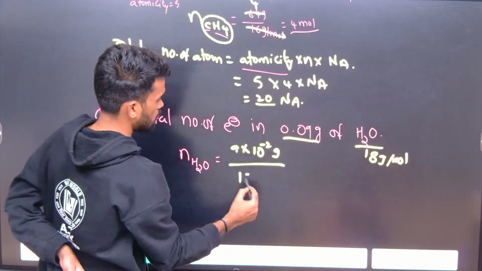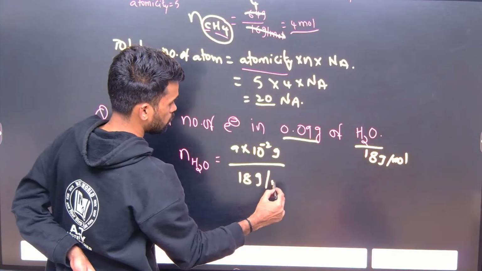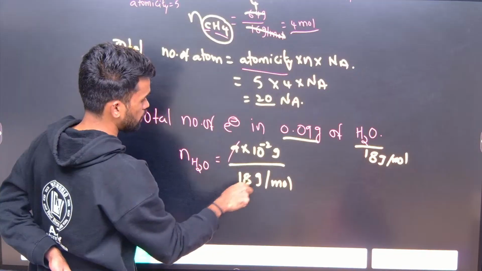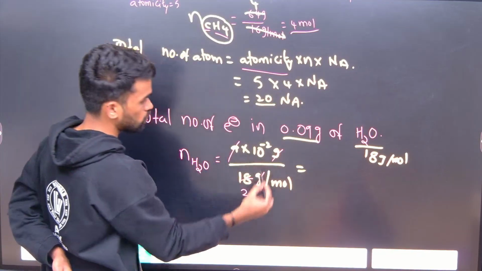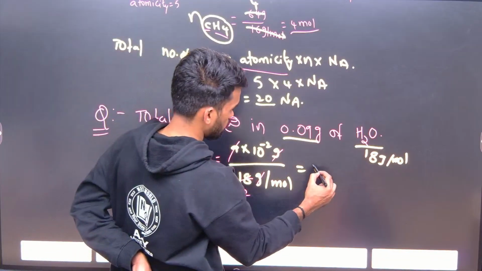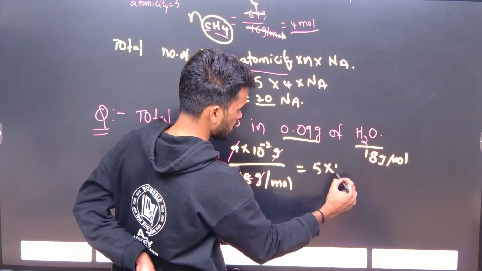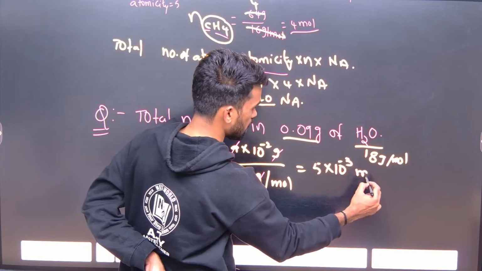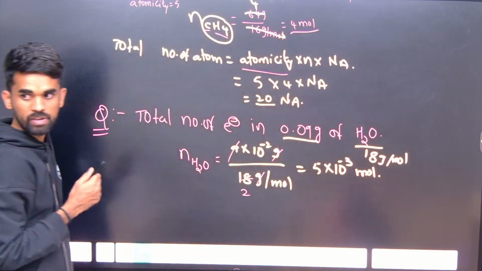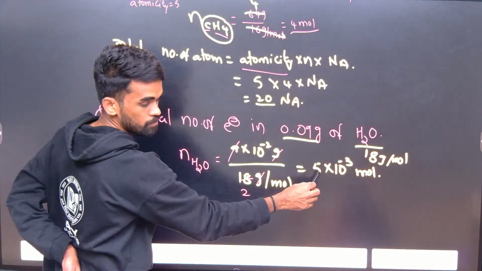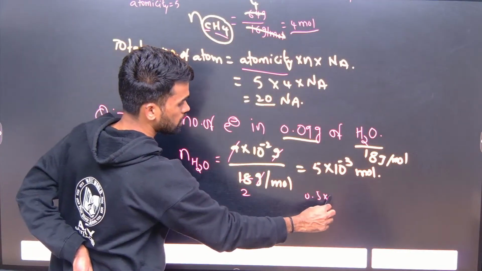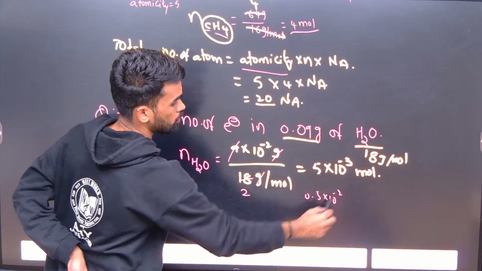So you got 1 by 2 into 10 power minus 2, which I can write as 5 into 10 power minus 3 mole. Is that clear why I am writing it like that? 1 by 2 is 0.5, so 0.5 into 10 power minus 2 is 5 into 10 power minus 3.